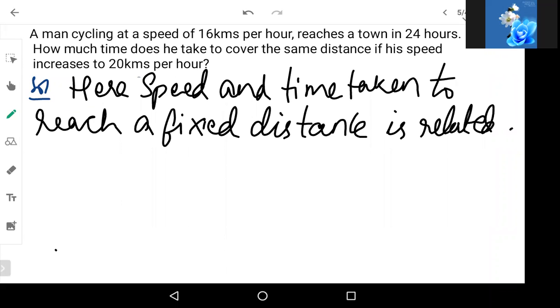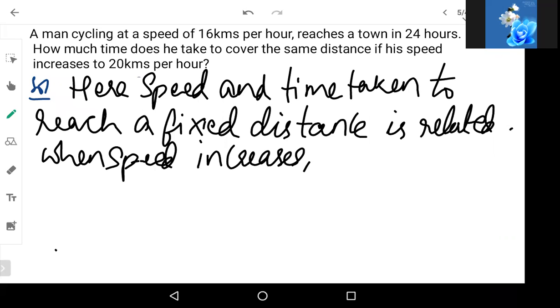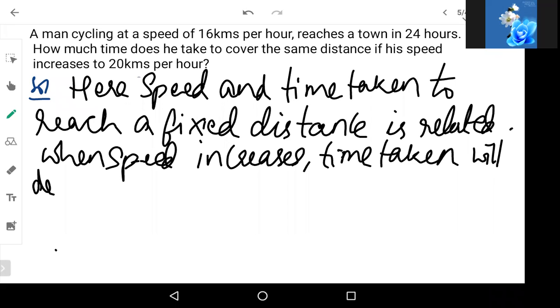Okay. When speed increases, time taken will decrease. Time taken will decrease.